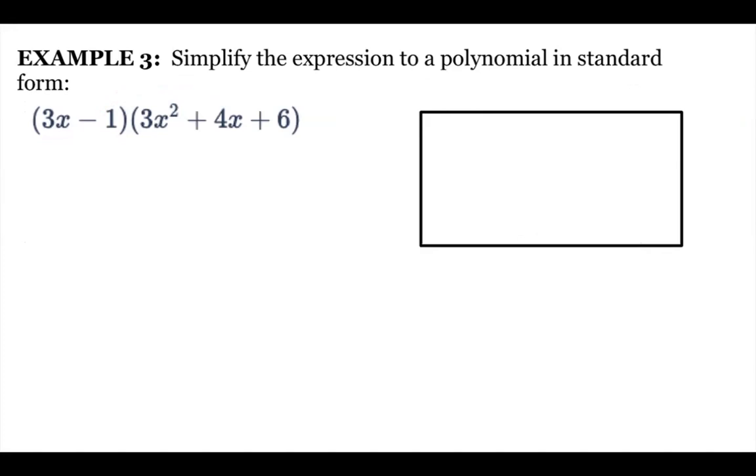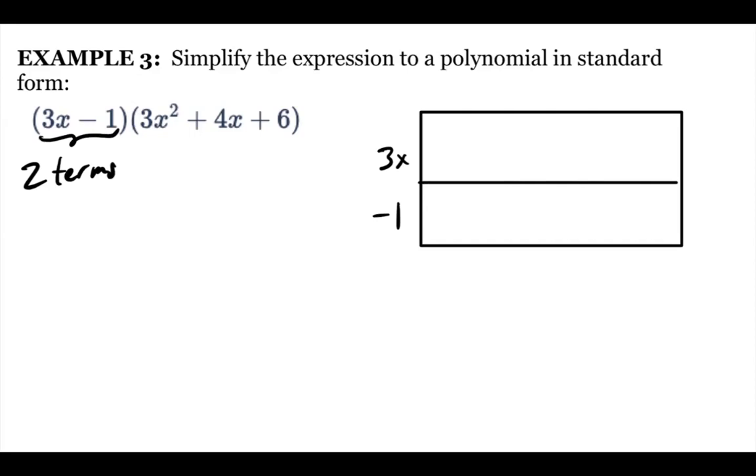Multiplication table keeps everything organized, right? If you have too many of these things, it kind of becomes a lot. So I keep things organized, and it makes it visual too. So on one side, this guy has 2 terms, so I need a side with 2 terms: 3x and a -1.